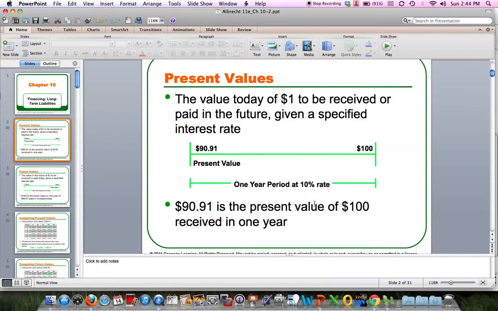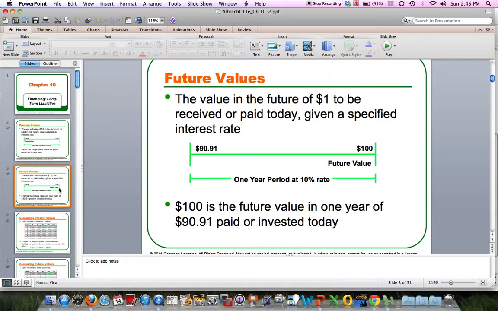Those would be a couple of the things that we'll have to compute if we're doing this on a calculator or in Excel. With present value and future value, it works the same way, and they show us both of these on page 448. So the future value of $90.91 today is $100.